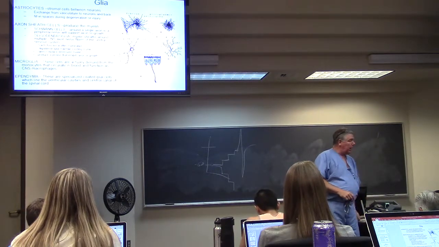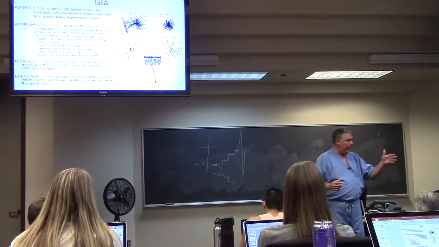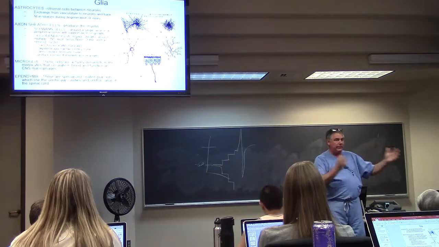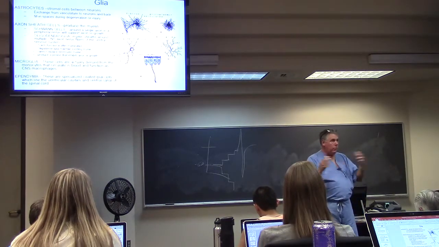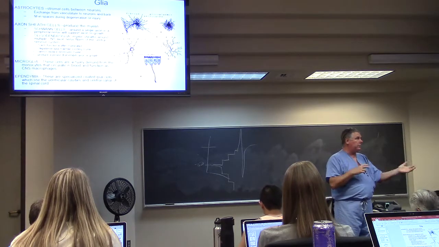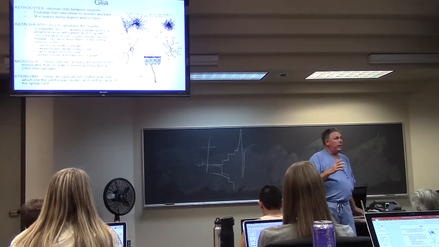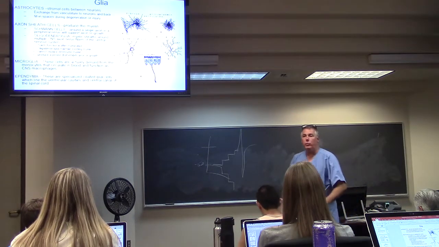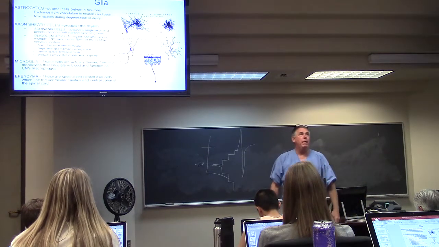Astrocytes essentially connect neurons to the bloodstream. They act to shuttle nutrients back and forth to the neurons. They act to support the neurons structurally and nutritionally.